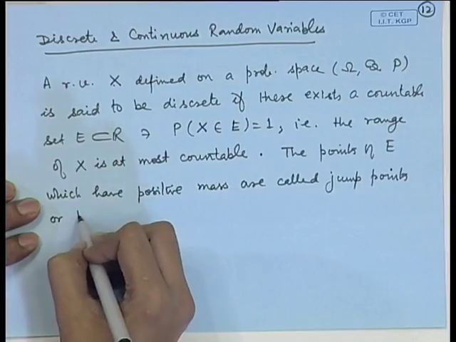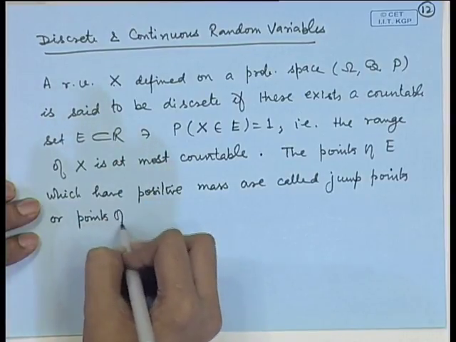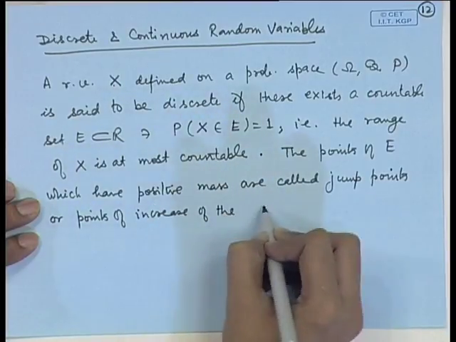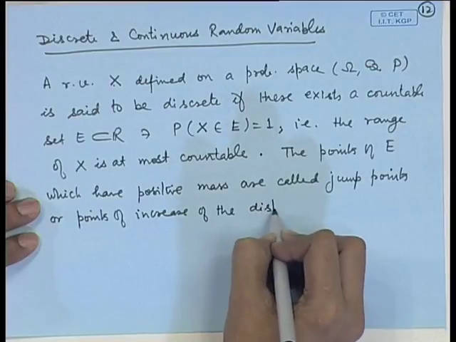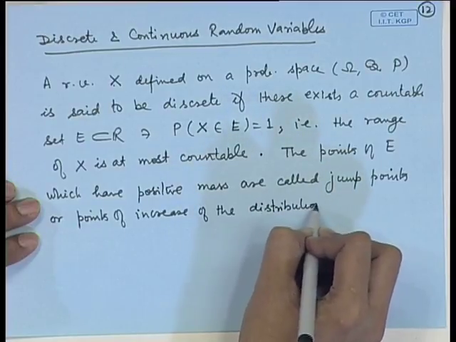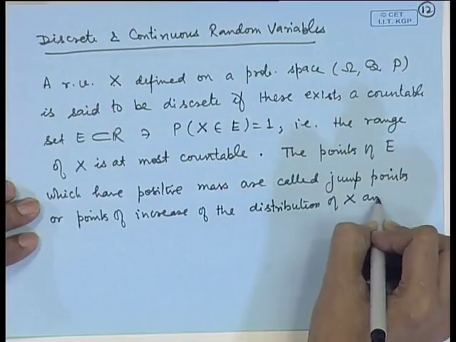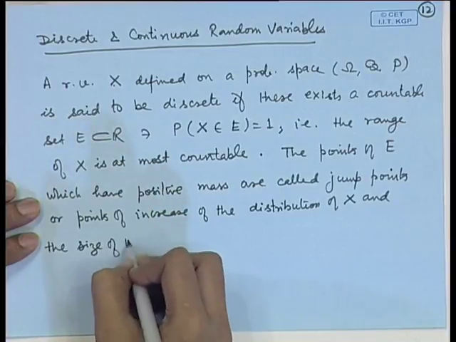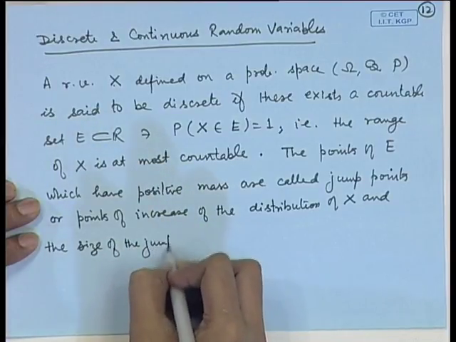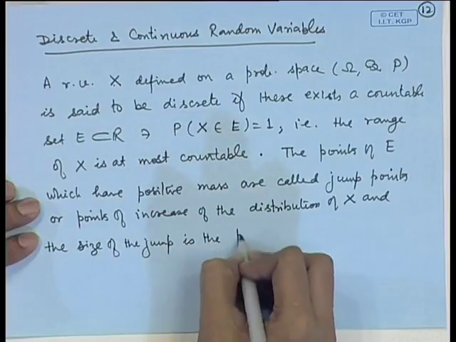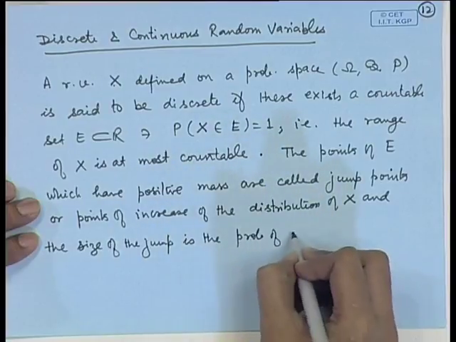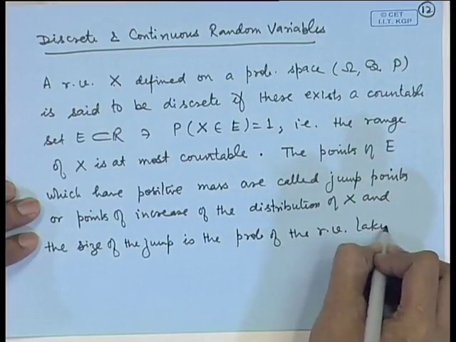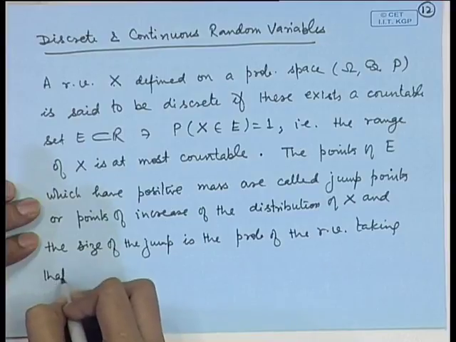They are points of increase of the distribution of x, and the size of the jump is the probability of the random variable taking that point.